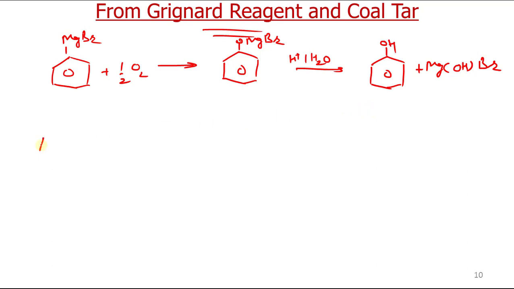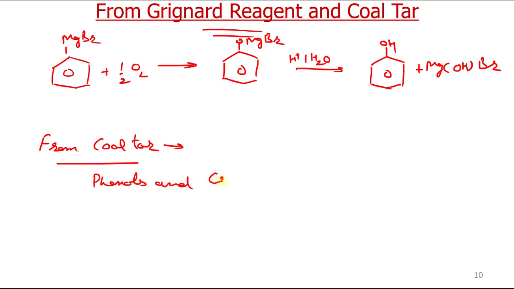And next is from coal tar. We can also get phenols from coal tar. Basically we have to do the distillation of coal tar and we get phenols and cresols. They are isolated by fractional distillation, from the middle oil fraction.